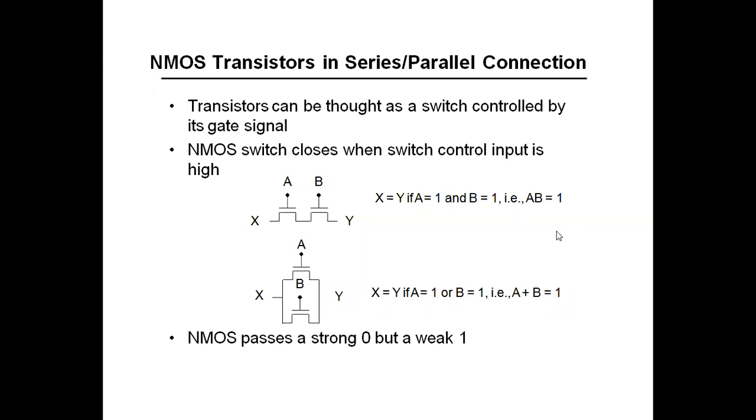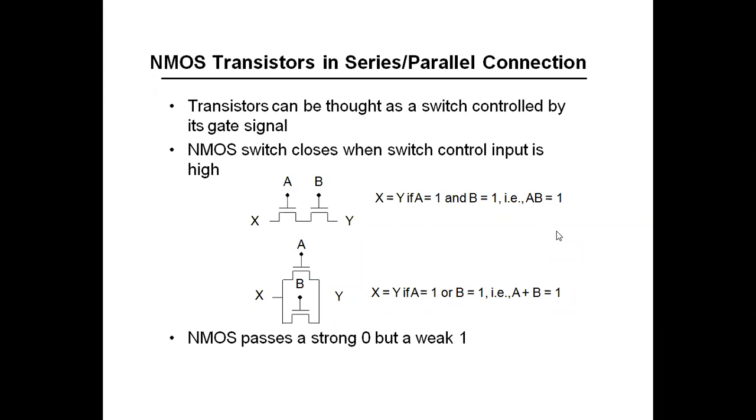So you can say that in the series connection of NMOS, AB is equal to 1, then and only then input is equal to output. And in the case of parallel connection, A plus B is equal to 1, then and only then input is equal to output. And as you know, NMOS passes strong 0 but weak 1.